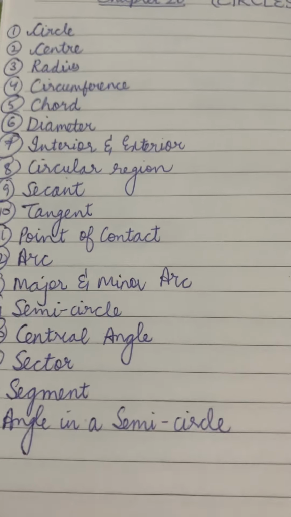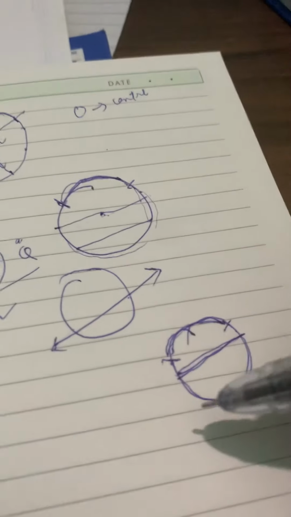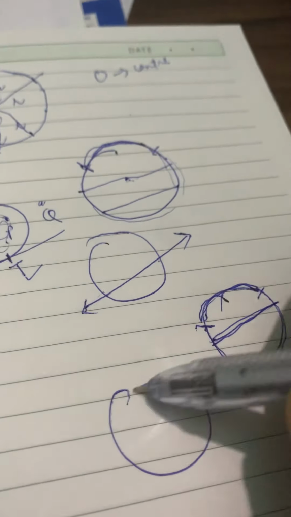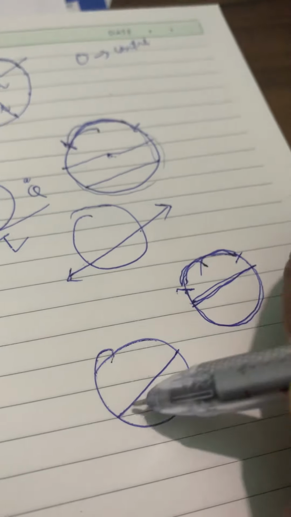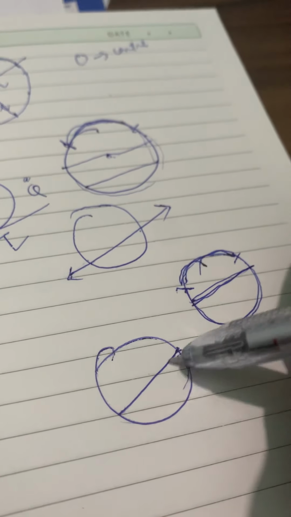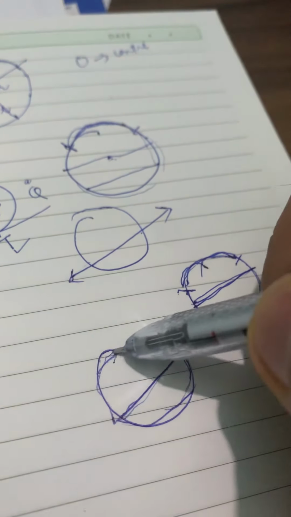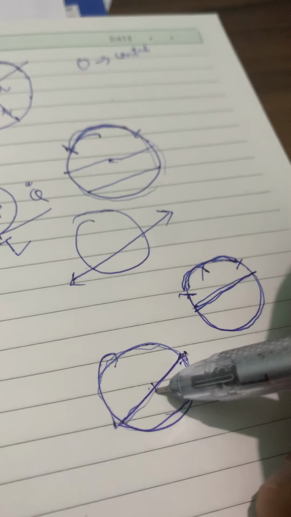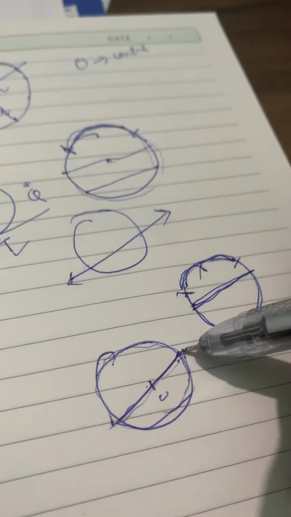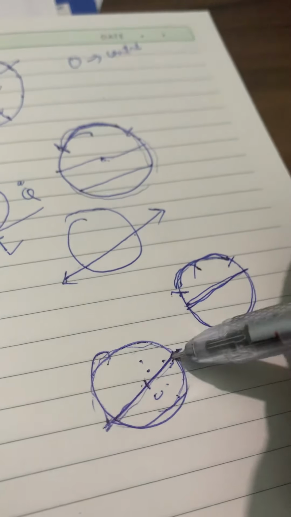Then next is your semicircle. Semicircle is half of the circle. This portion is your semicircle, or this portion is your semicircle. Because this was your center, this is the diameter. That is, diameter divides the circle into two equal parts.